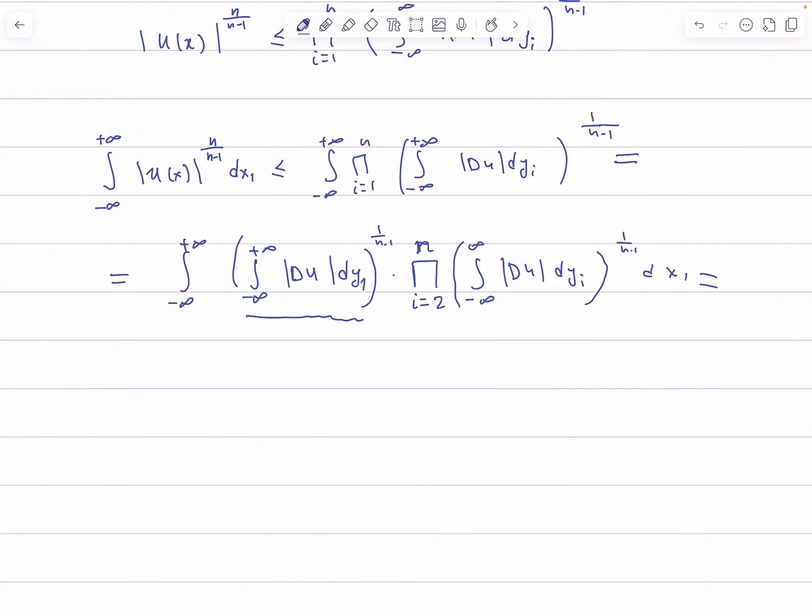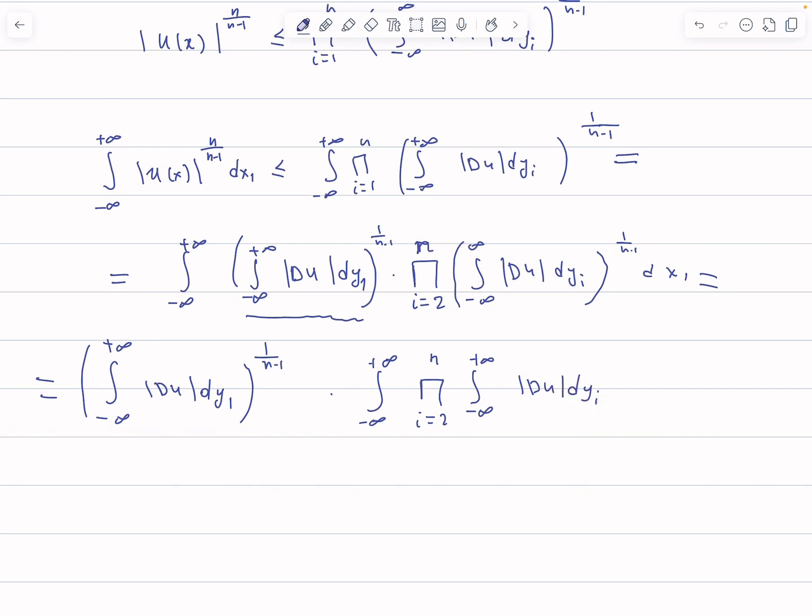So this is equal to the integral of |Du| dy1 to the power 1 over n minus 1, times the integral from minus infinity to plus infinity of the product for i from 2 to n of the integrals of |Du| dyi, to the power 1 over n minus 1, dx1.